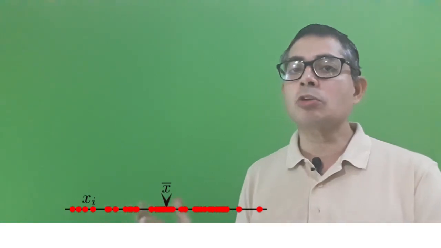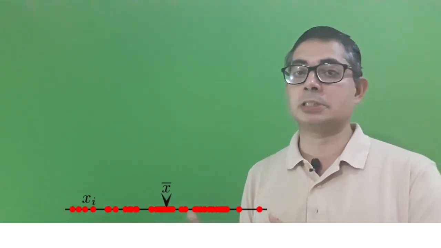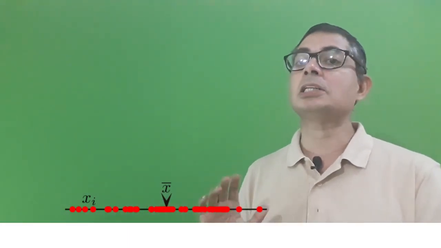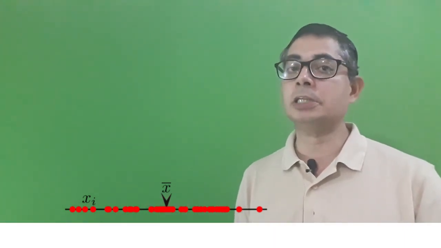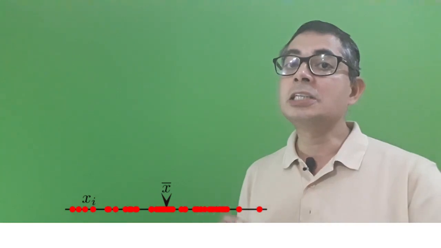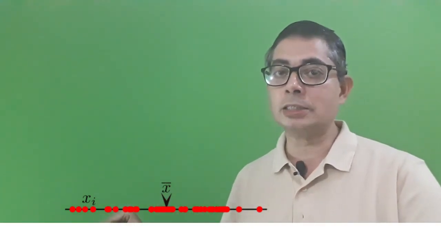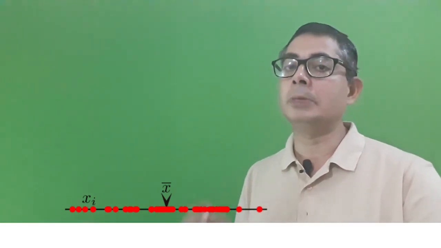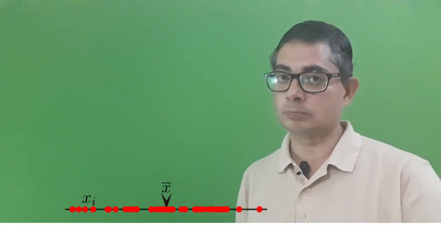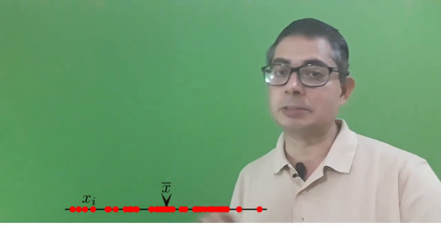If xi is close to x bar, then the representation is quite acceptable. But if xi is further away from x bar, then the acceptability is dubious. So the difference between the point and the center plays a crucial role in determining how well the mean can represent the point.